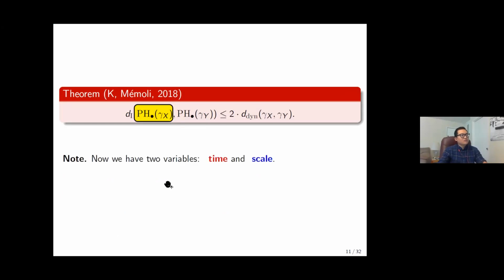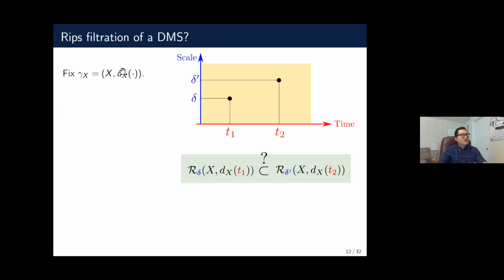Remember that now we have two variables, time and scale. Therefore, given a dynamic metric space, it is natural to consider a time cross scale parameter space. However, let's observe the following. Let's fix two times t1 and t2, and we consider the delta Rips complex corresponding to time t1 and the delta prime Rips complex corresponding to time t2.